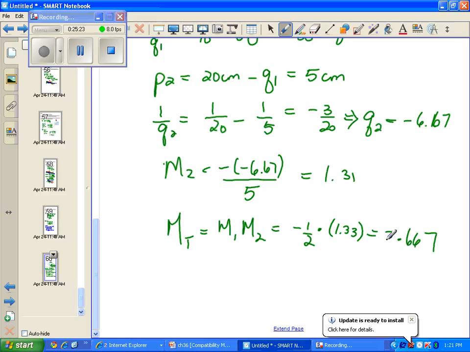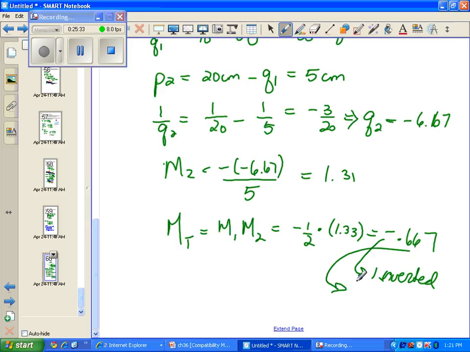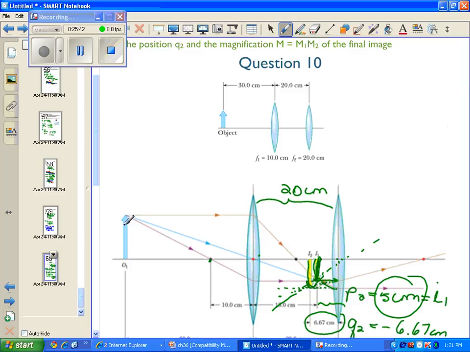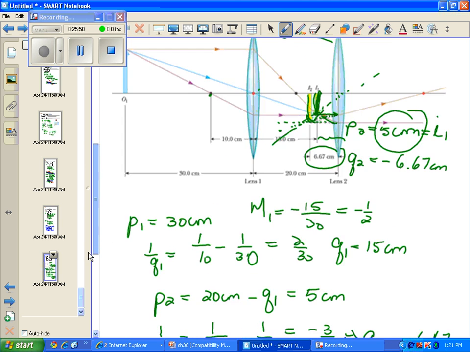Well, this minus here tells us that the image is inverted with respect to the real object, in other words, the object in front of lens 1, and the 0.667 tells us that it's reduced with respect to the object, and you can see here, here's the object. Sure enough, the final image is reduced, inverted, but real.